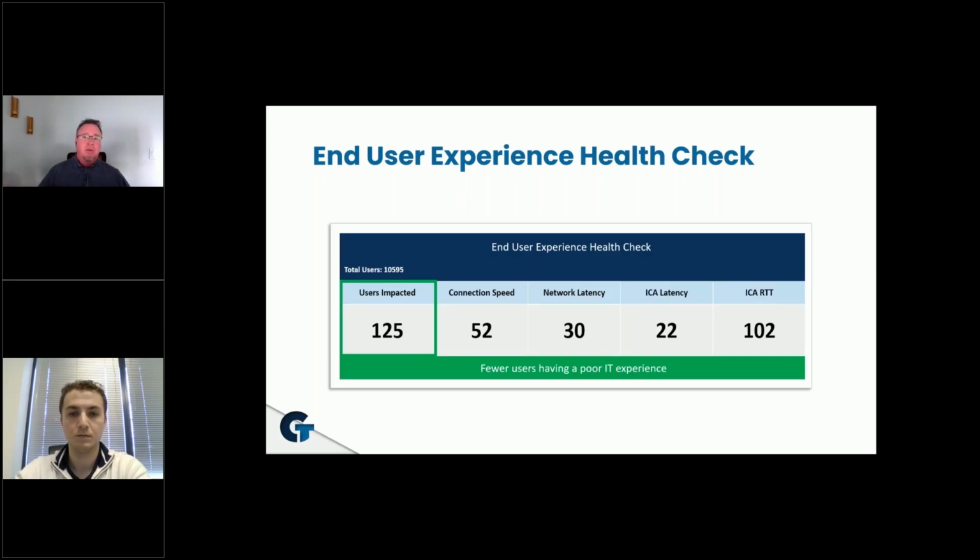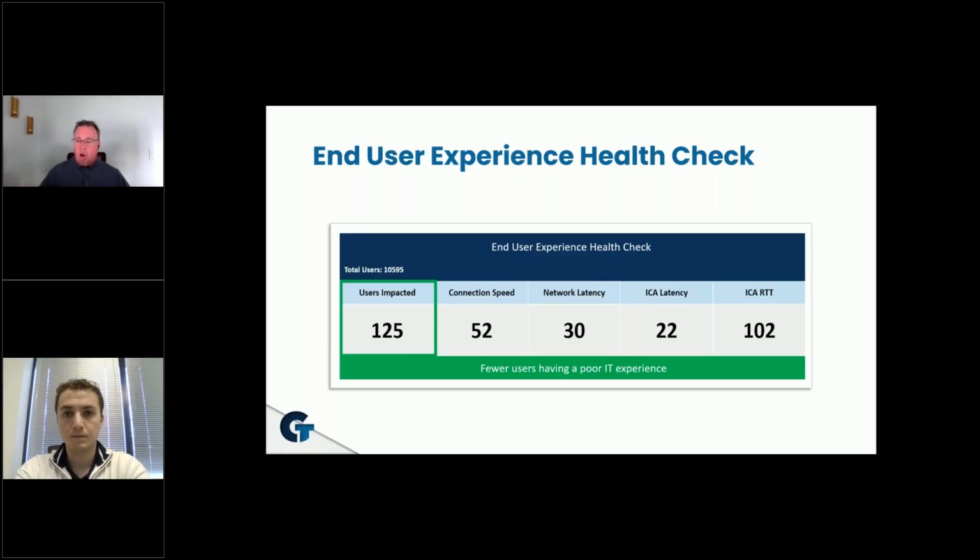So imagine being able to run an end user experience health check. Maybe you run it before you run the health check and then remediate issues, and then you remediate all the issues that are exposed during the Citrix health check, and then you run the end user experience health check after the fact. You can see what the impact of those changes has been on your end user experience.